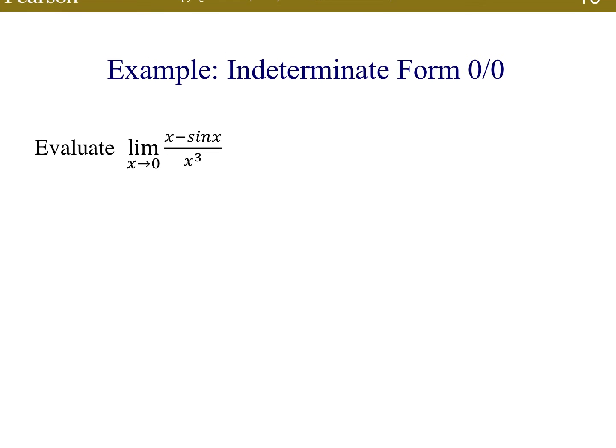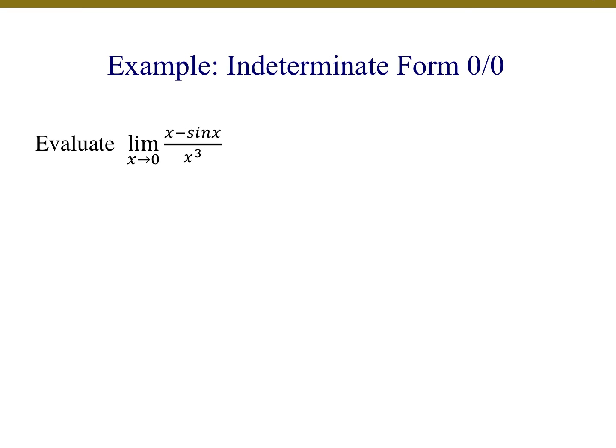Okay, so let's try this. Always direct substitute first. So when I direct substitute, I'm going to get 0 minus the sine of 0 over 0 cubed, which is 0 over 0. So I got indeterminate the first time.